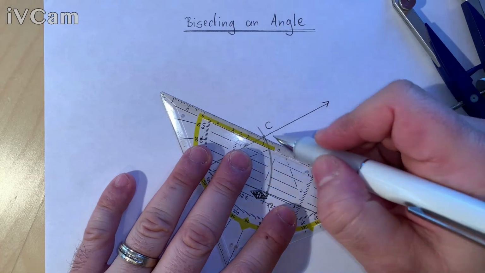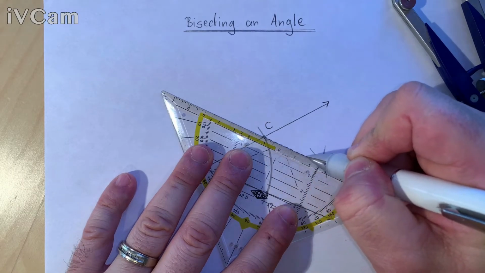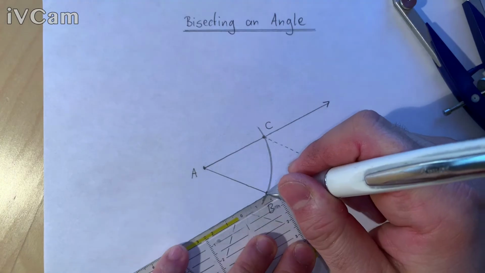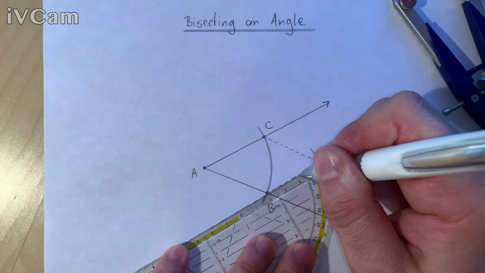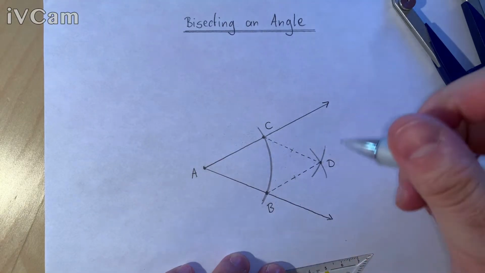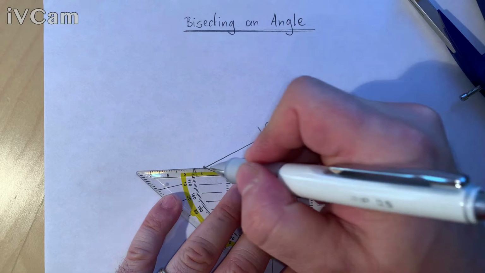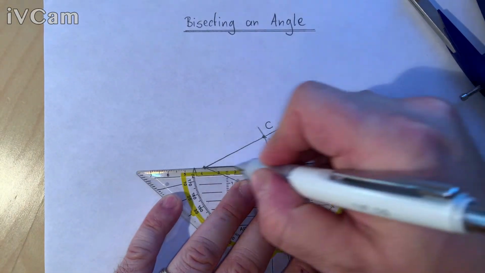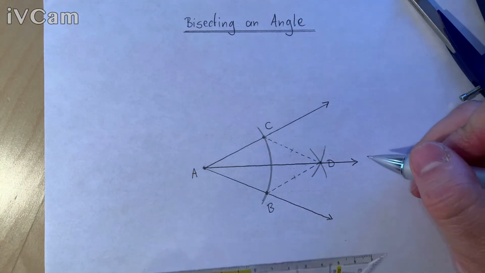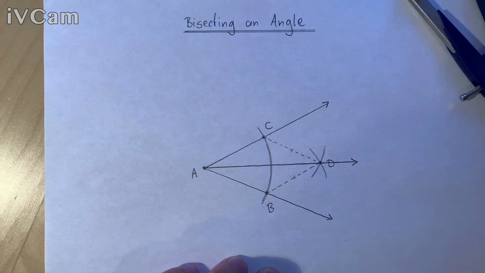So basically, if, let's say, we measure the distance from C to D, and we measure the distance from B to D, then it will turn out that these are actually congruent, and that will be used for the proof as well. So the last step is to simply connect A to D and then extend it and draw the arrow. So now it turns out that we actually bisected this angle.